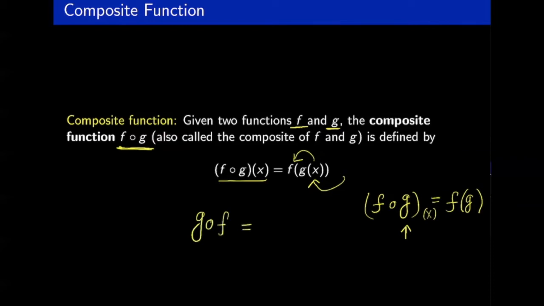How will this function be defined? The function g will take the function f as an input. So basically you are inserting the function f as an input for the function g. Let's take a few more examples and see how the composite function works.